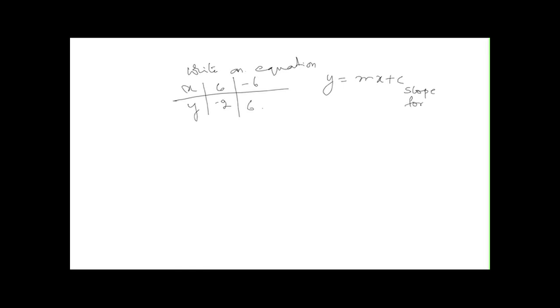Slope form of an equation. So m is called the slope. Now take the first point. Minus 2 equal to mx plus c. We don't know c, and x is 6. So minus 2 equal to 6m plus c.